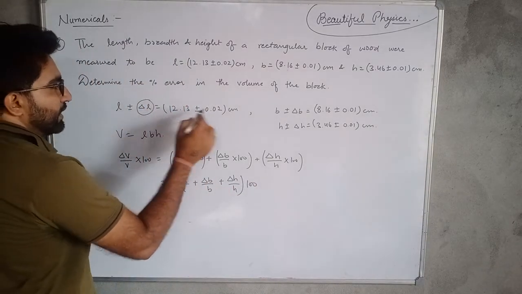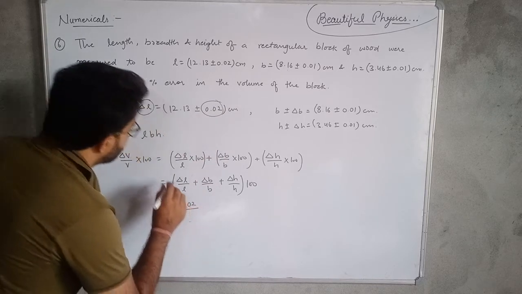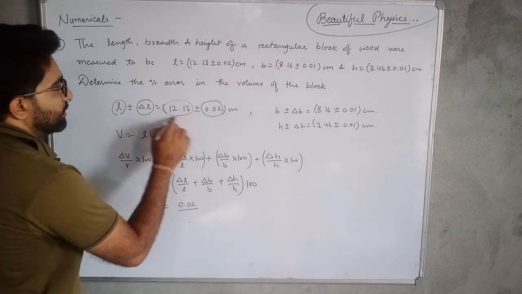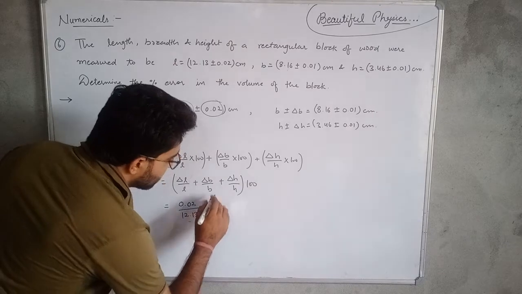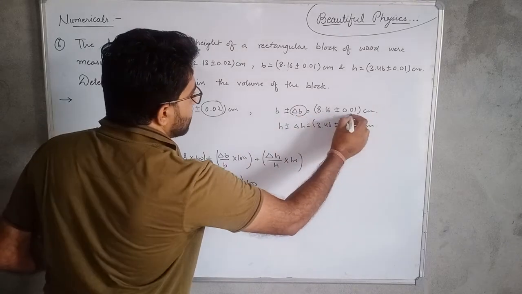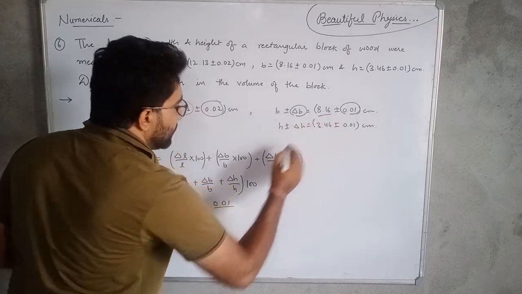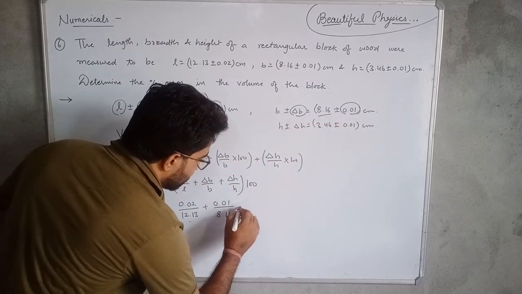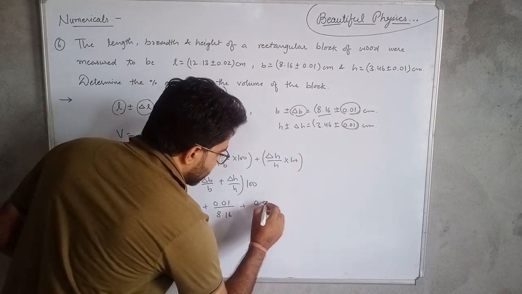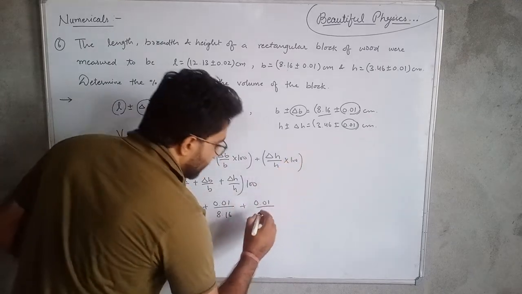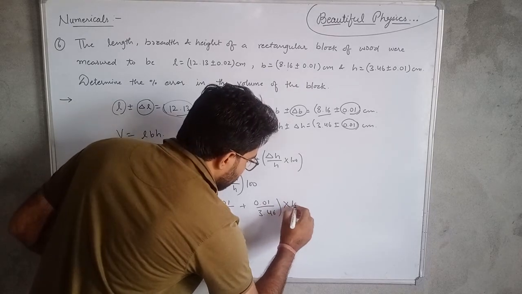Here the value of delta L is 0.02 upon the value of L, which is 12.13, plus, similarly the value of delta B is 0.01 upon the value of B, which is 8.16, plus the value of delta H is 0.01 again upon the value of H, which is 3.46, multiplied by 100.